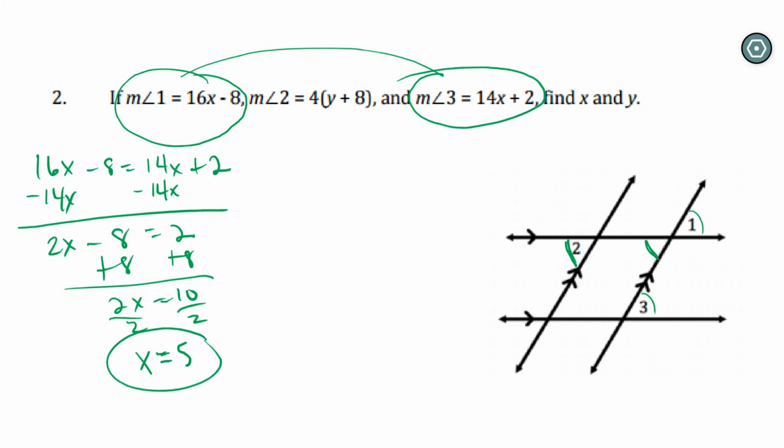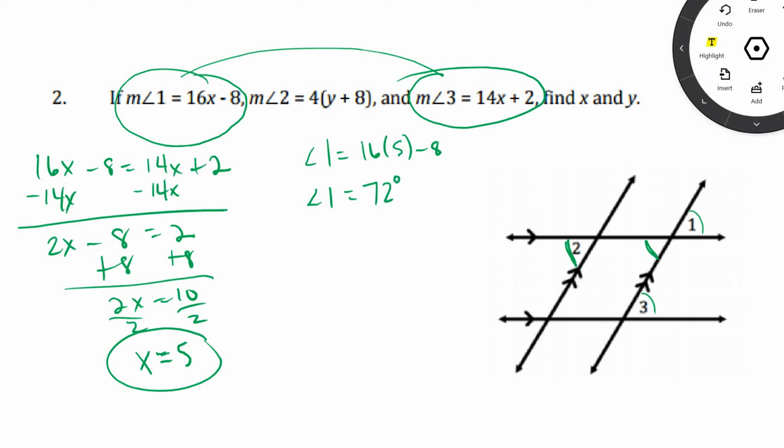So now I know the x value. Once I know the x value, I can plug into one of these 3 angles. Doesn't matter which one. So I'm going to choose angle 1, plug in the 5, and subtract the 8. So if I do that, I wind up getting an angle there of 72 degrees.